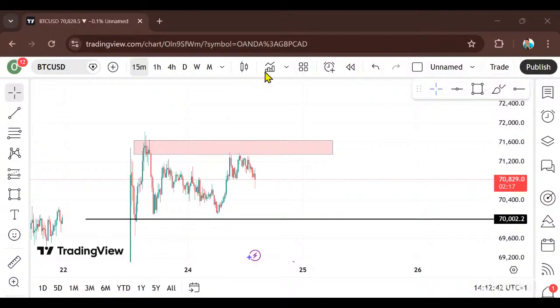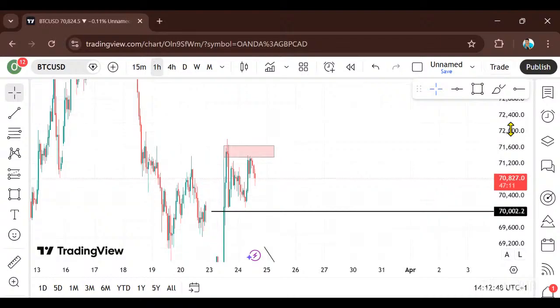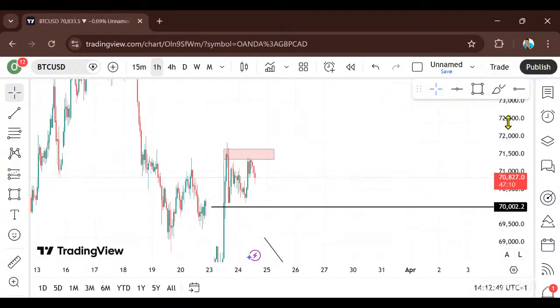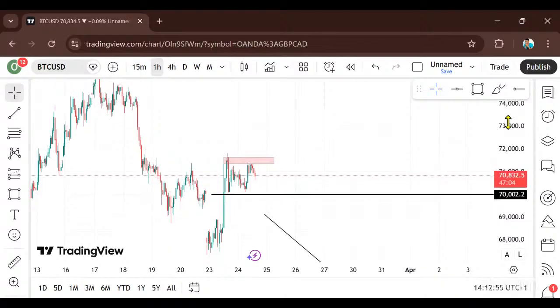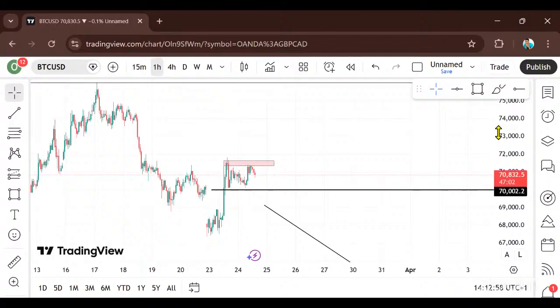That's it for today. This is BTC USD, right? Now BTC USD, my analysis on BTC USD still stands. I'm expecting BTC USD to come and take out this low.